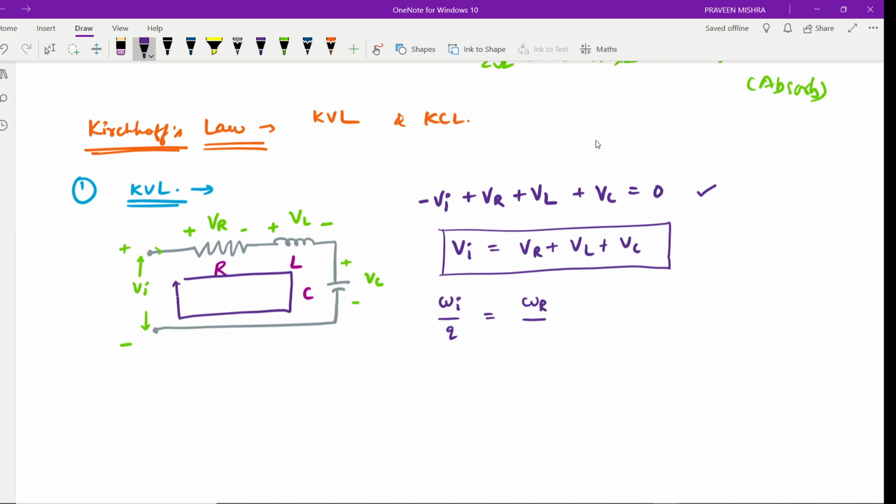Work done to carry one charge from one position to another position. So Wi by Q equals WR by Q plus WL by Q plus WC by Q. If we remove Q from both sides, it will be Wi equal to WR plus WL plus WC.